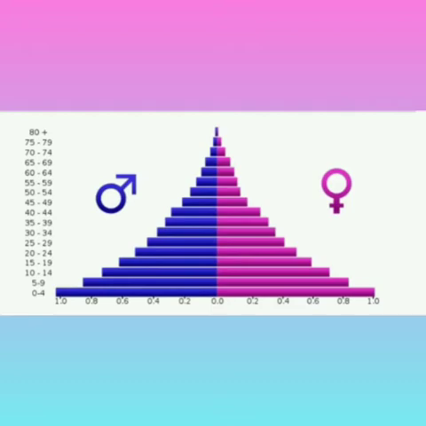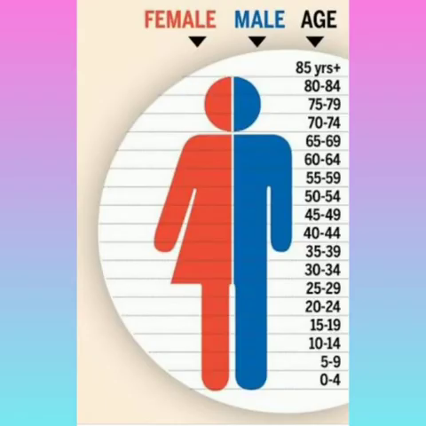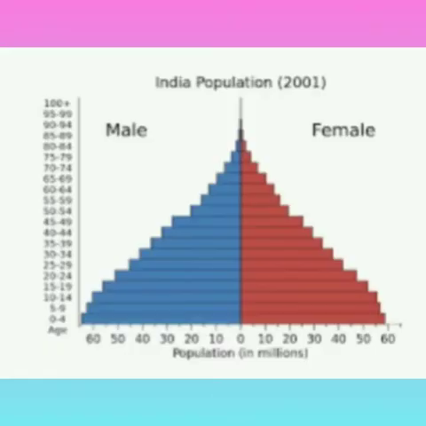This information is presented in the form of a population pyramid, also called an age-sex pyramid. It reveals information about the age structure and the sex ratio of any given population. So observe this population pyramid for India based on the statistics provided by the United Nations for 2001.